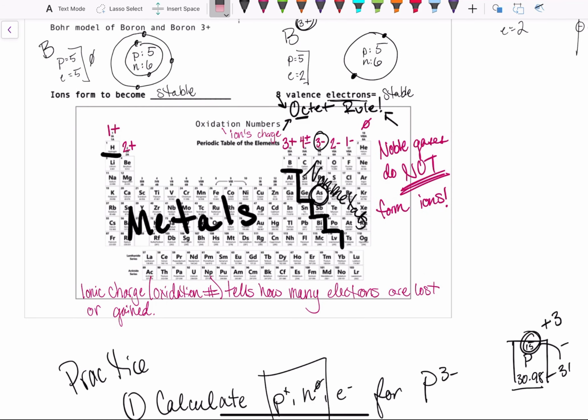They are already stable. You know that metals typically form cations and nonmetals typically form anions, and they're doing that because they want to become like a noble gas. They want to have 8 valence electrons. And then that charge we can see from our pattern, that is going to tell us how many electrons are lost or gained in that atom.